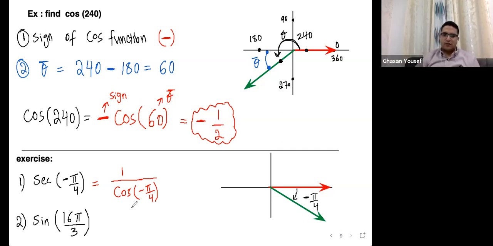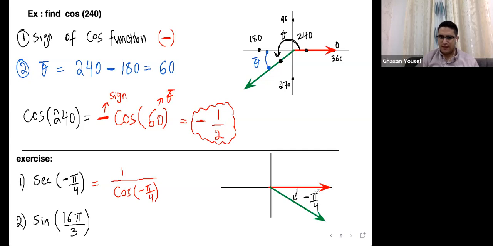Now, you have to find the sign of the cosine function in this quadrant, and you should know the reference angle of pi over 4. As we see here in the graph, it's the acute angle between the x-axis and the terminal side. The reference angle is pi over 4.